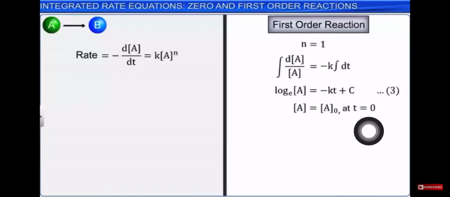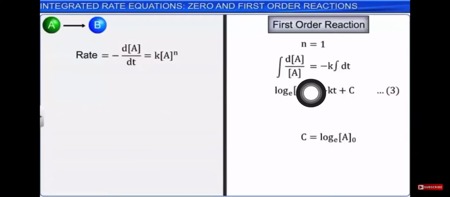Then we get C is equal to log e of concentration A0, because we are taking the initial time t equal to 0, so the KT portion will become 0. So our equation became C is equal to log e concentration of A0, right?